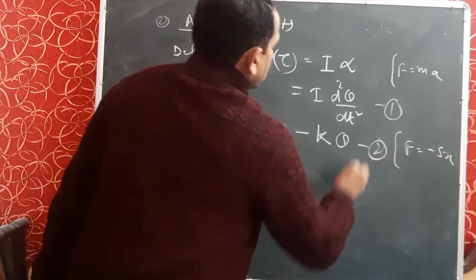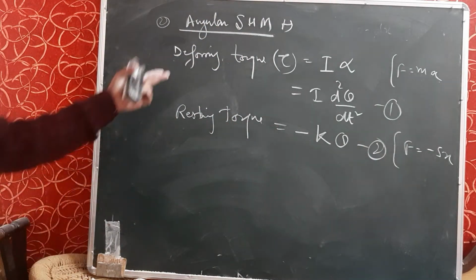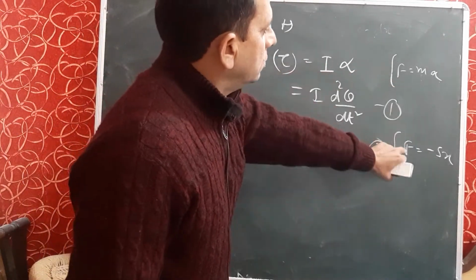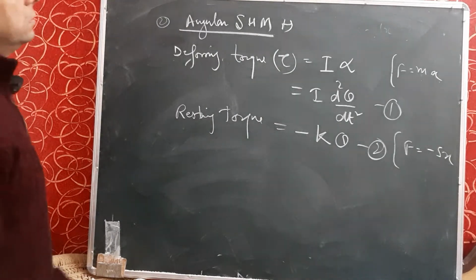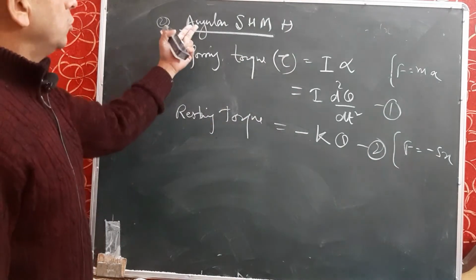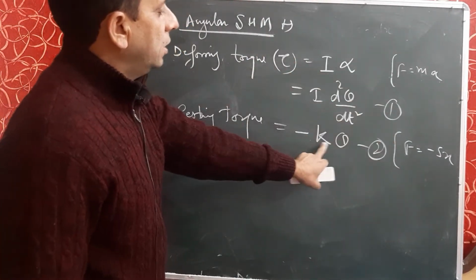This is the second equation, for the restoring torque. These equations are analogous to the simple mechanical translational oscillator. F is equal to ma, F is equal to minus Sx. So in angular motion, ma is replaced by I alpha and Sx is replaced by k theta.